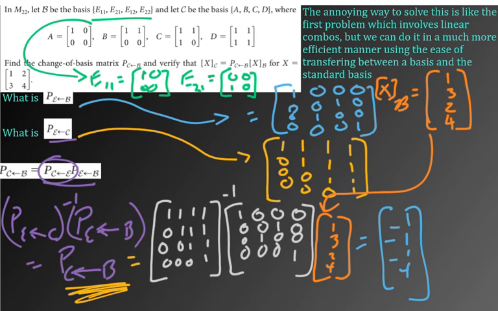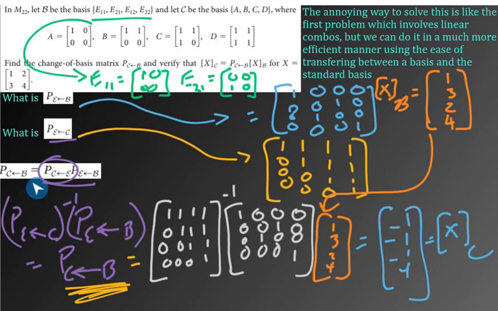And that right there is X written in terms of C, okay? And you can kind of see it if you do -1 of these, -1 of these, -1 of these, plus 4 of these. I guarantee you're going to get that, which is kind of cool.